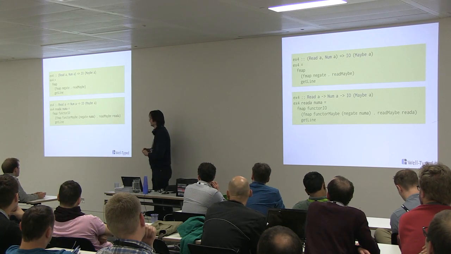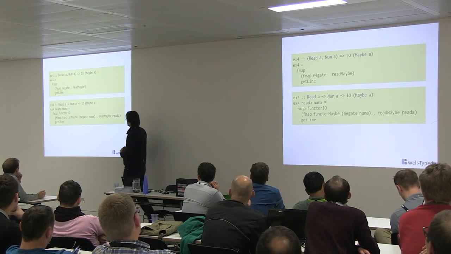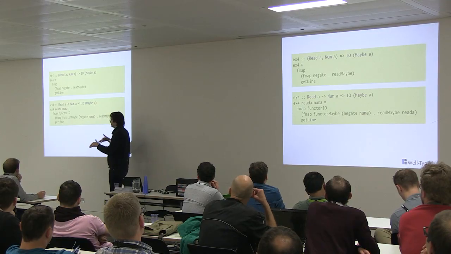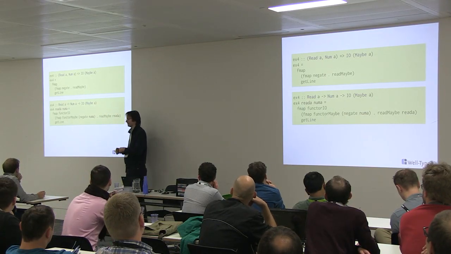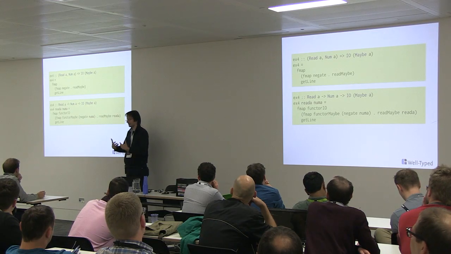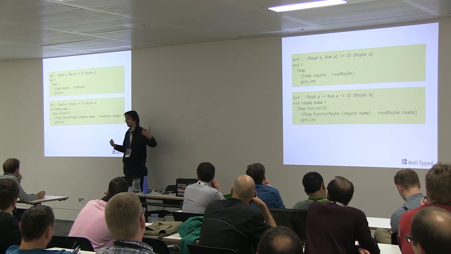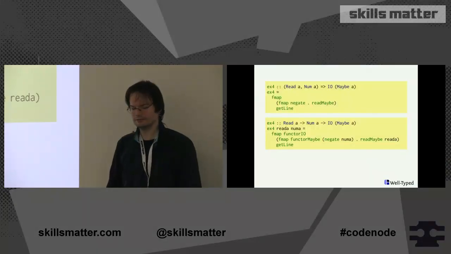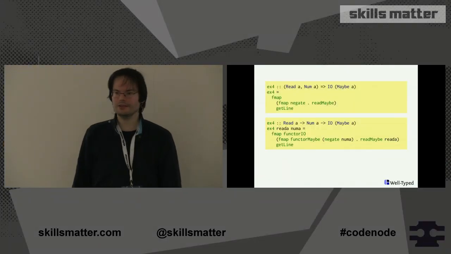So the result is not sort of an A wrapped up with a Num dictionary, it's just an A. And if you use it in a context that again requires A to be numeric, then that other function that calls it needs another Num dictionary. Right? Okay.